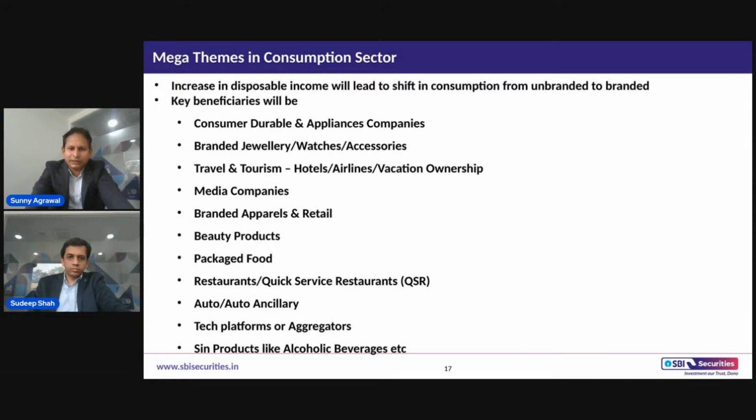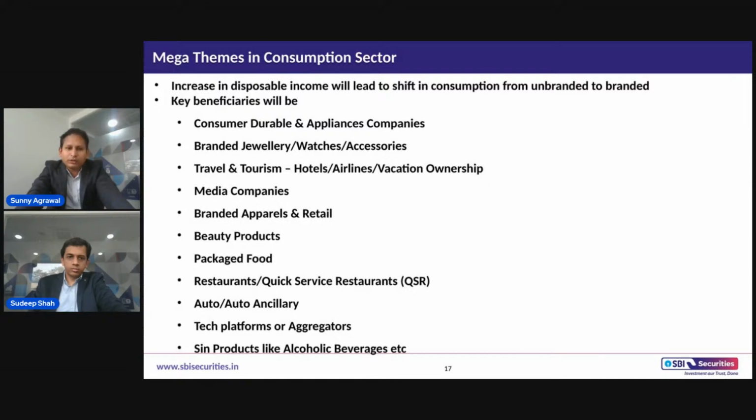So let us start with the consumption sector. Within the consumption sector, what we have seen is that an increase in disposable income will lead to a shift in consumption from unbranded to branded products. What we feel is that the key beneficiaries of this will be consumer durable and appliances companies, branded jewelry, watches, accessories companies, and travel and tourism.